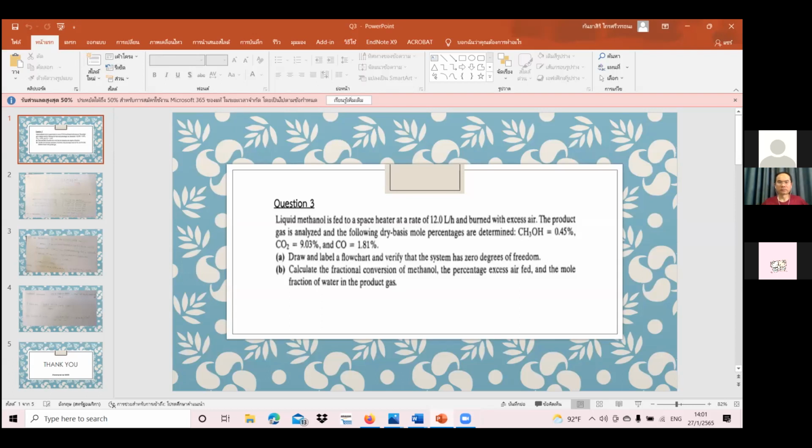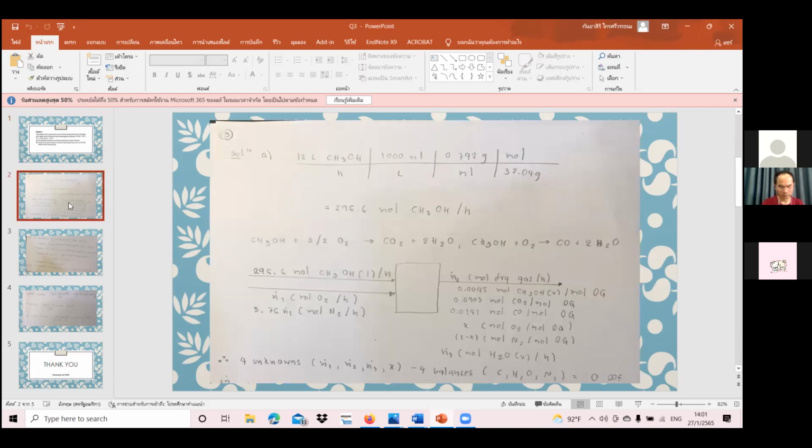The product gas is analyzed and the following dry basis percentages are determined. Question A: draw and label a flow chart and verify the system has 0 degrees of freedom.